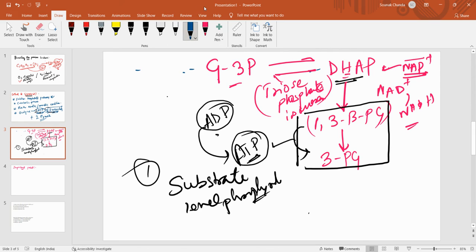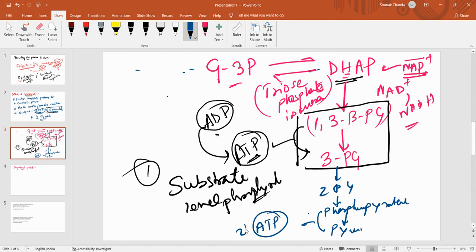Then from 3 phosphoglycerate we get 2 phosphoglycerate, then phosphoenolpyruvate, then pyruvate, and from phosphoenolpyruvate to pyruvate we are again gaining an ATP. This is the second substrate level phosphorylation.